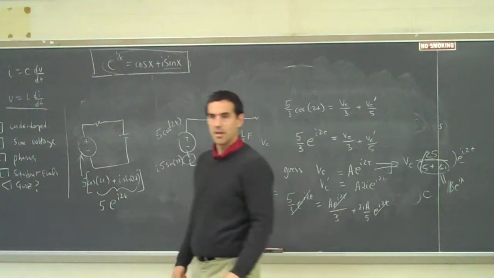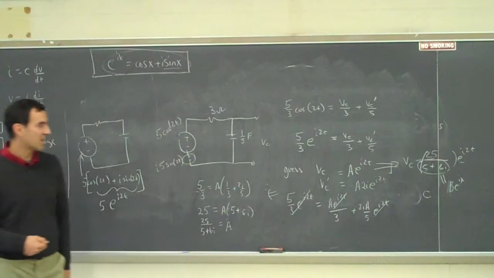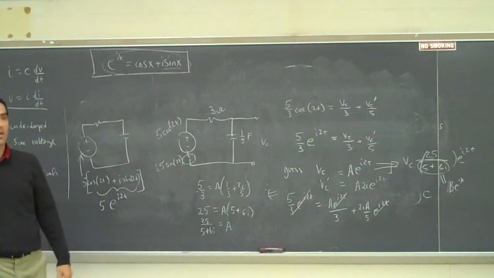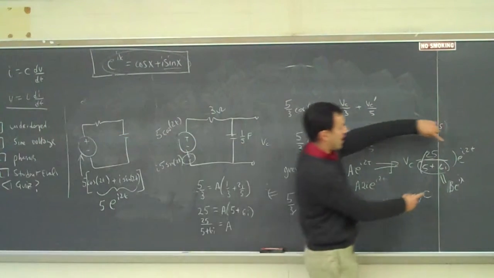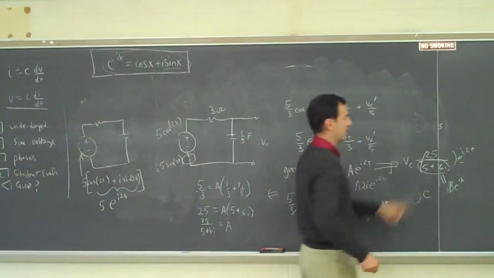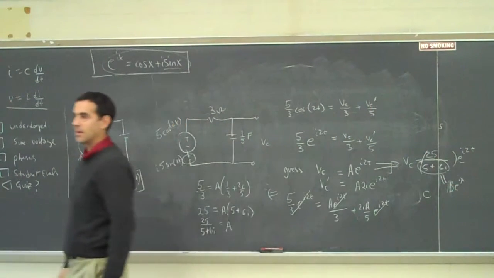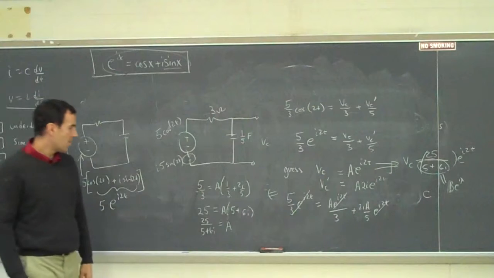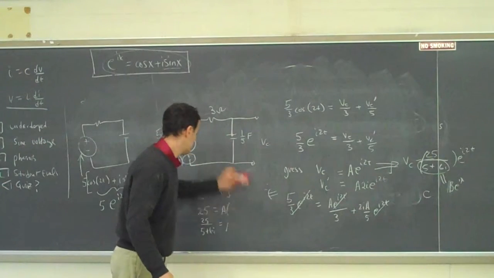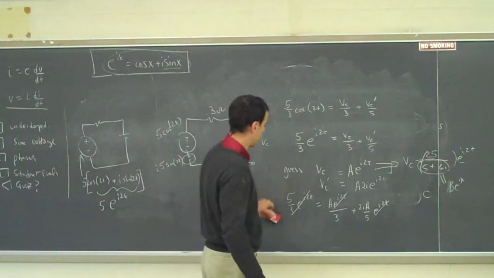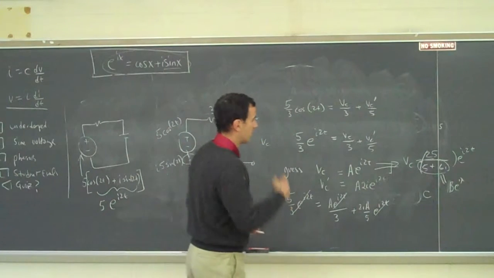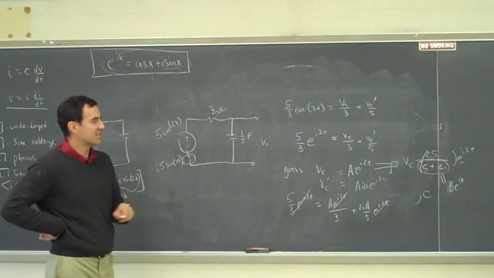So I want to take that 5 plus 6I and write it as something e to the I something. Once I do that, I can combine those two terms together. 25 just comes along for the ride. So we're almost there.